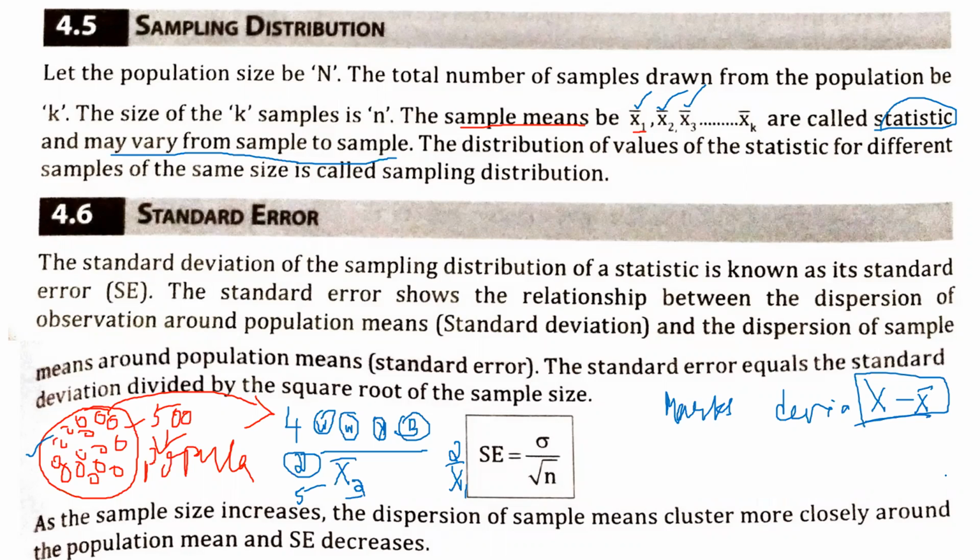We are finding how far the marks of the test are different from the average marks that the student has got in the examination. Now let us say for 25, the average marks everybody had got was 18. Few of them would have got 9, 6. Few of them would have got 22, 25. So I will find the difference between the marks, that is X, and the mean, that is X bar.